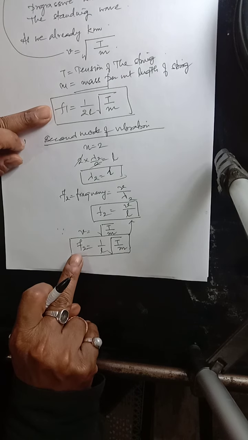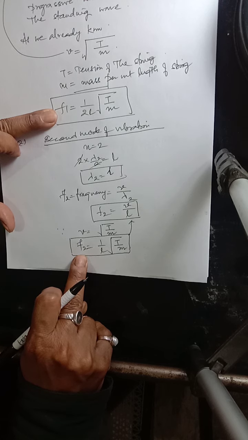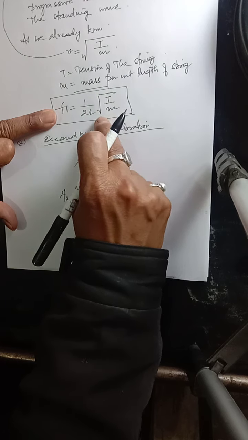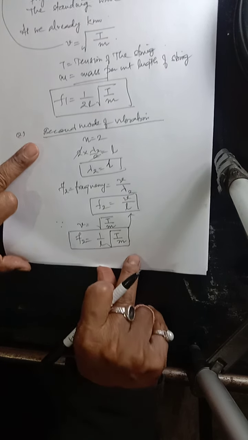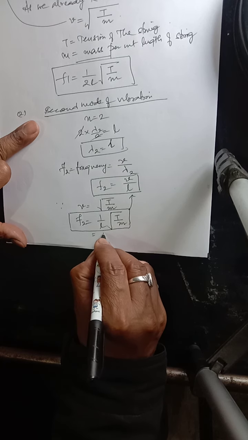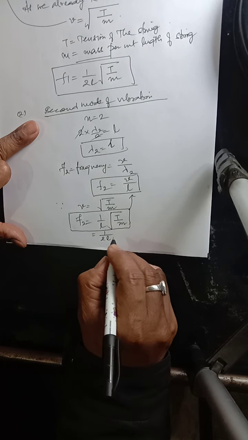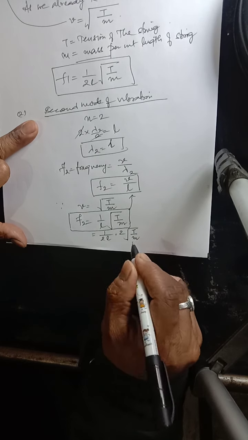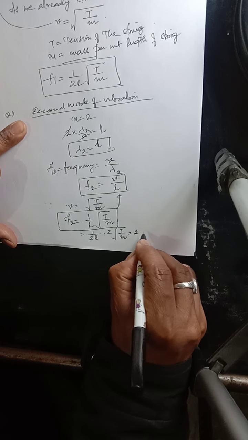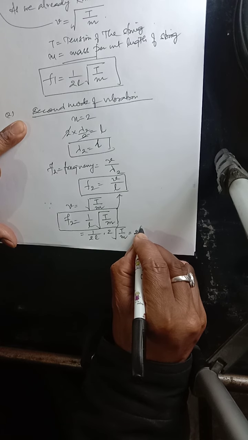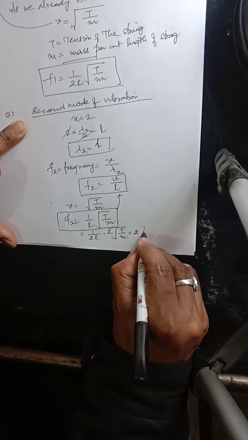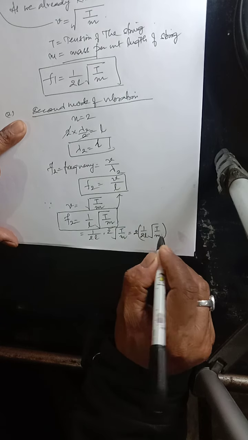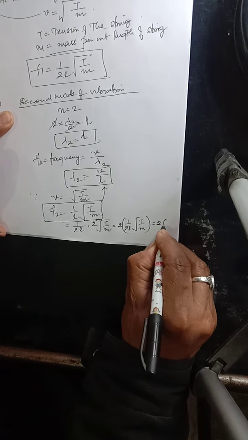Now we are going to establish a relationship between F1 and F2. F1 is equal to 1 upon 2L under root of T by m. Doing one arrangement, that is 1 upon 2L multiplied by 2 under root of T by m, and this part is F1.